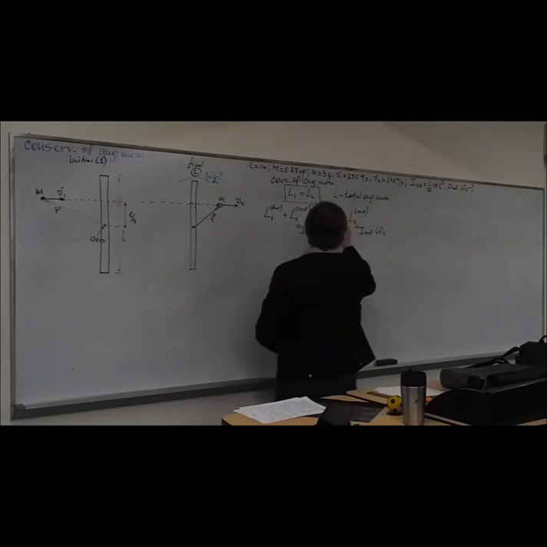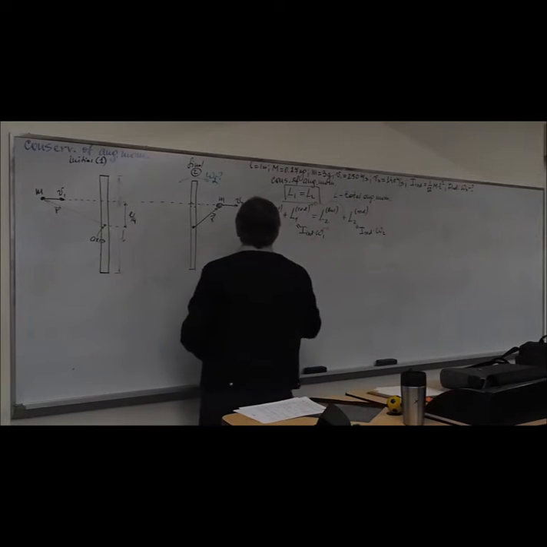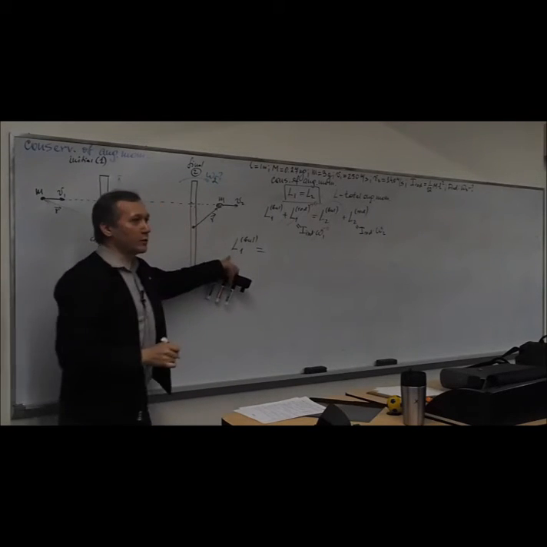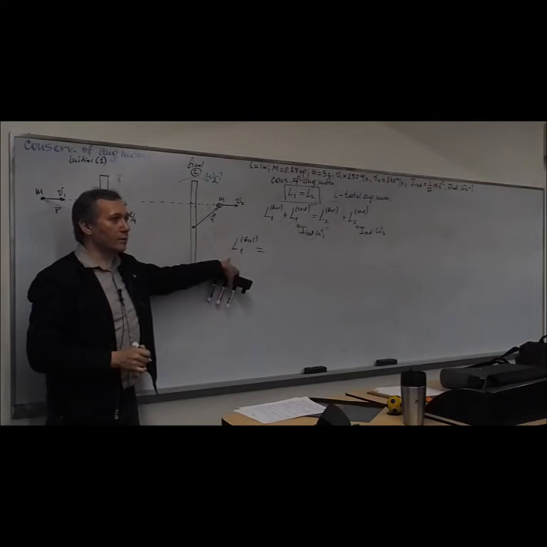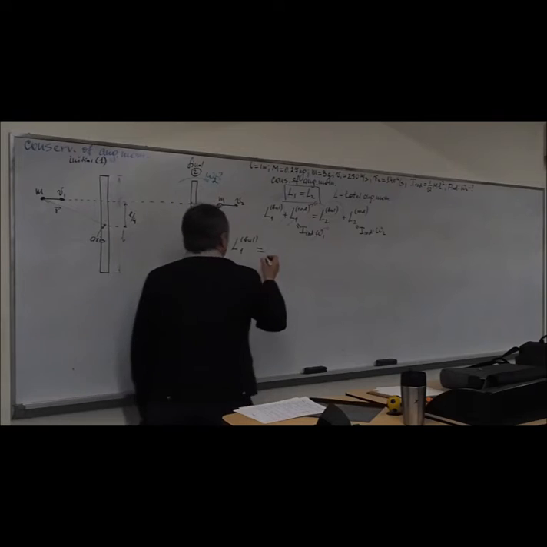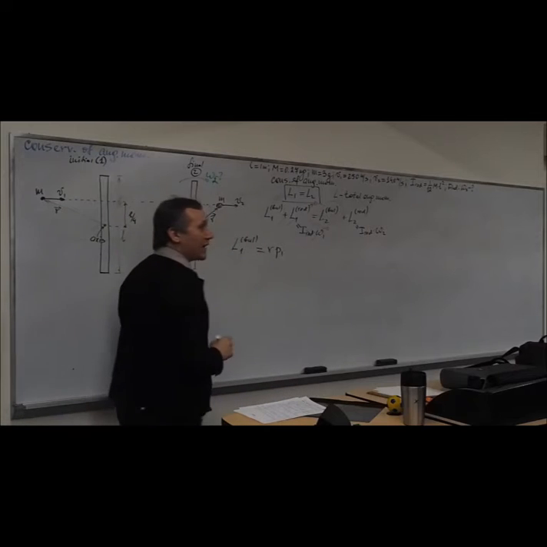Now let's find the other one. So let me write it underneath. L1 of a bullet, and you see it's absolute value, a magnitude. Of course, strictly speaking, it's R P1 times sine of angle, right?